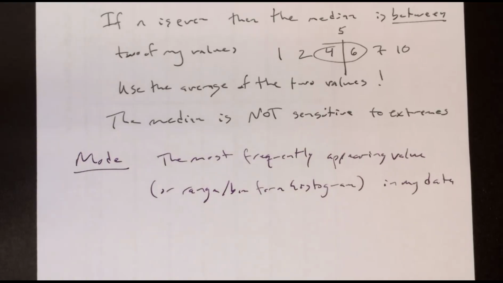There are other measures of center. Mean, median, mode are the most common. But if I work for the federal government, I might actually use a different measure of center, depending on what I'm thinking about. So, for example, another version is called the geometric mean.